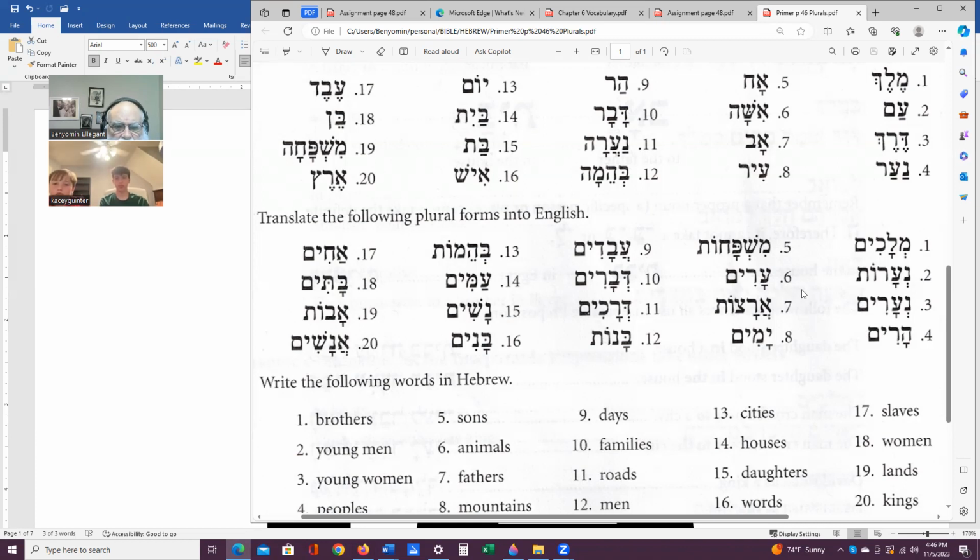Here we are. Caleb. Arim, cities. Yep. I guess a city must be a masculine noun, except the name of the city, I think, is feminine. I need to double check that. Cooper. Aratzot, that's lands.